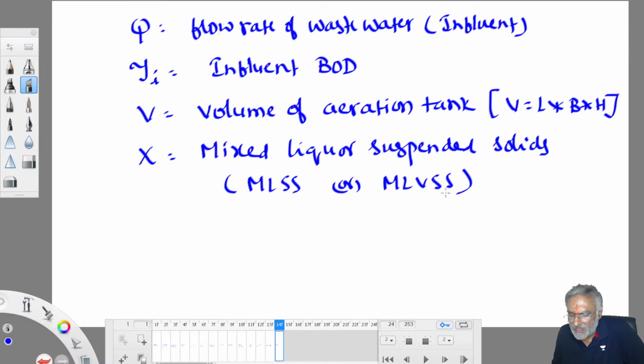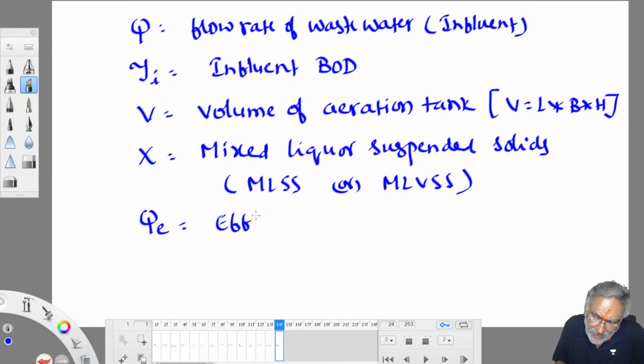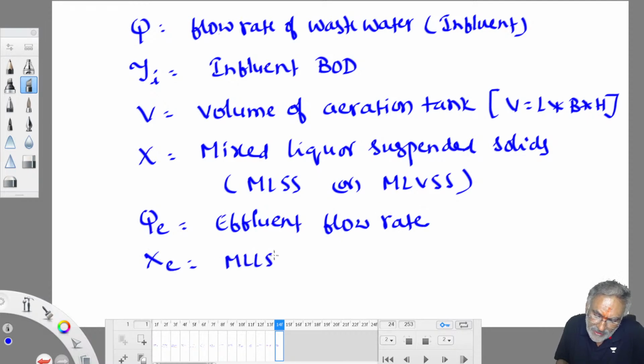MLVSS means mixed liquor volatile suspended solids. Okay. Then QE is equal to flow rate of effluent. How much effluent is disposed? And XE is equal to MLSS of the effluent. And Y is equal to effluent BOD.